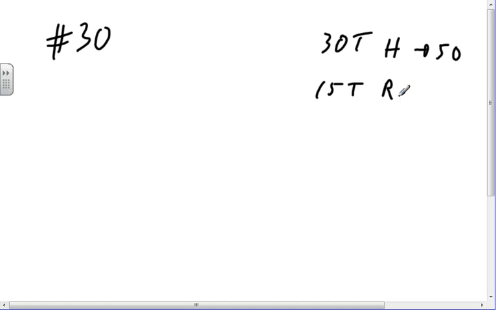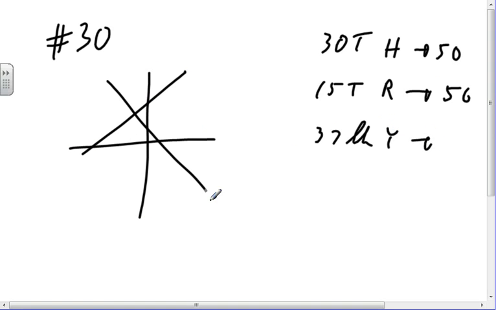Rice. Rice goes into beer to make 50 tons of beer, and I need 37 pounds of yeast to go into beer. And then I could graph those things and find out what I should be ordering. Bad example, but it was a great example. Number 30. I feel like drinking now, though.